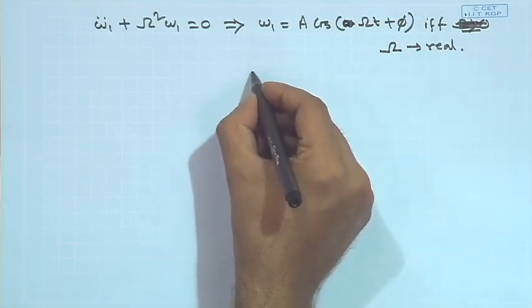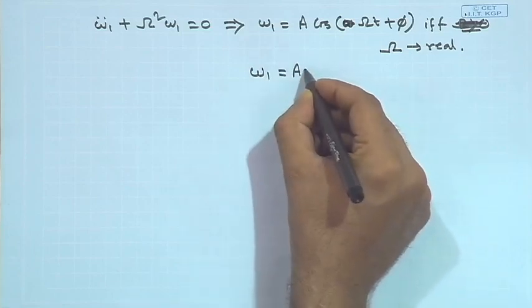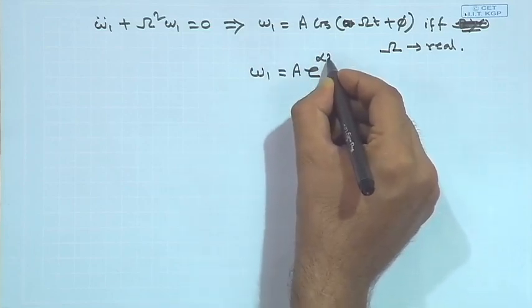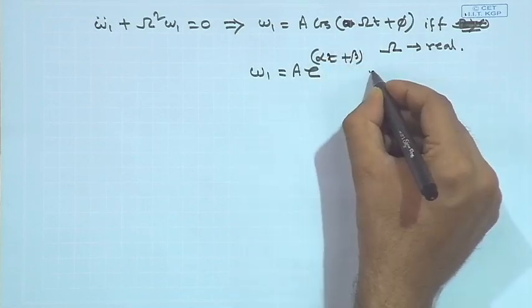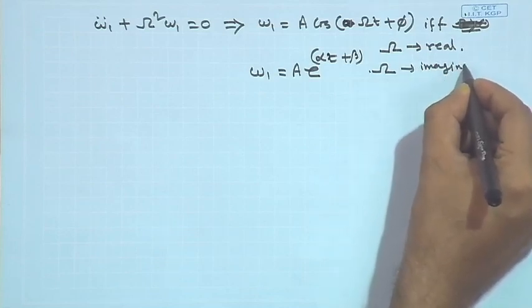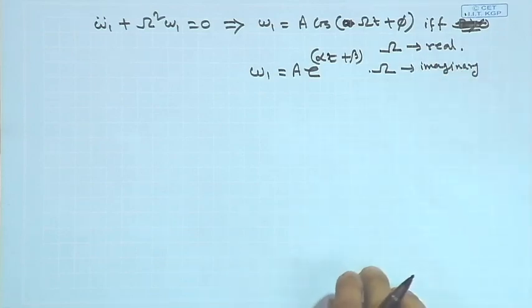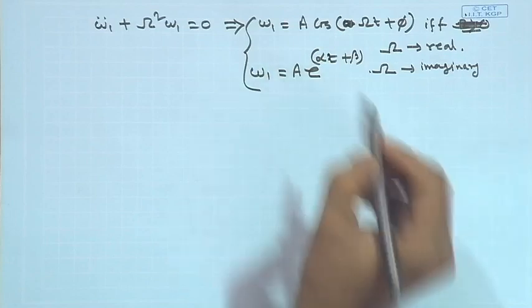And it will give you an exponentially decaying solution of the form e to the power alpha t plus beta if omega is imaginary, right?